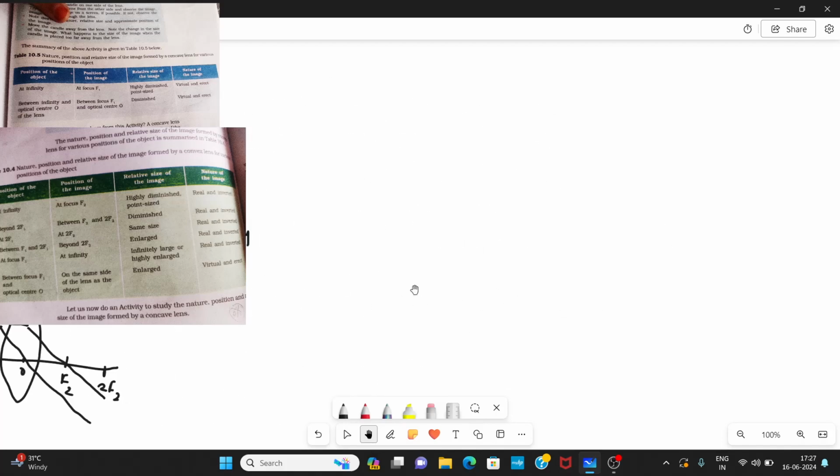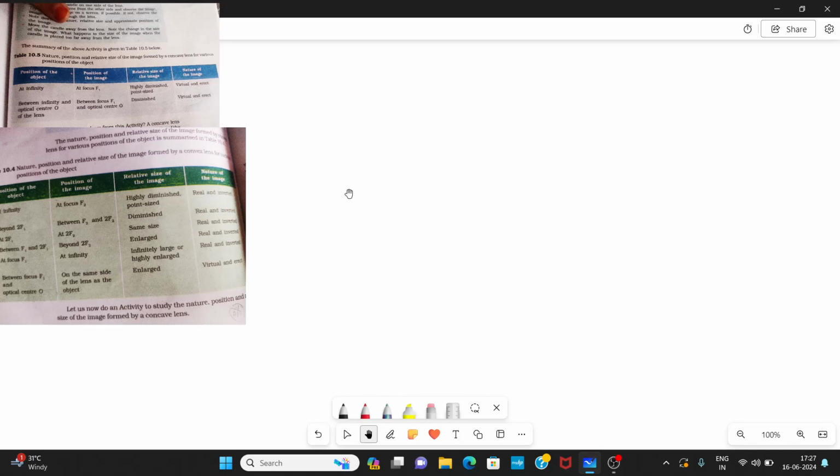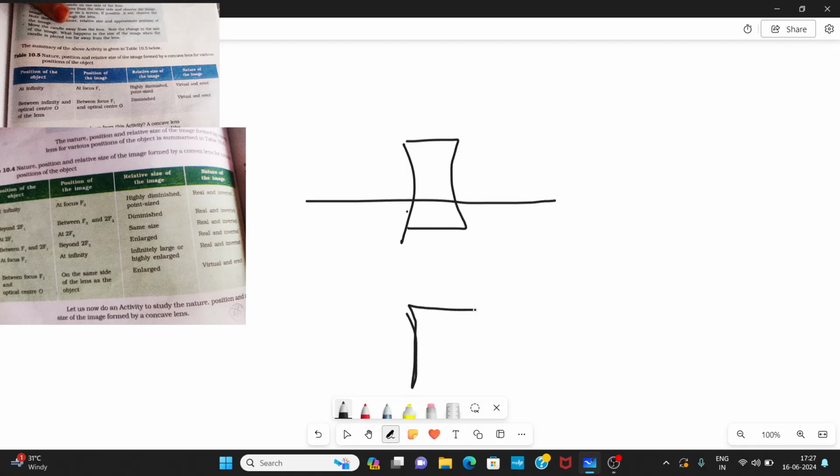Last, we will see the image formation by a concave lens. So there are only two conditions here. Here is f1.